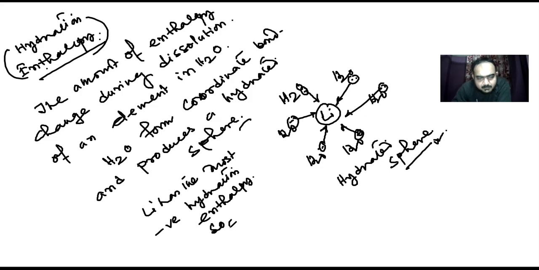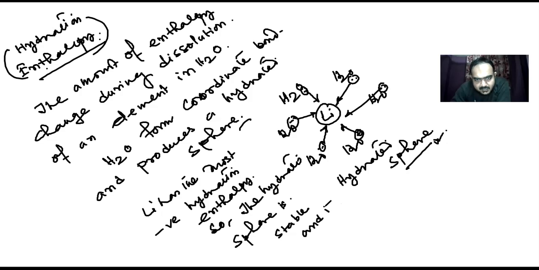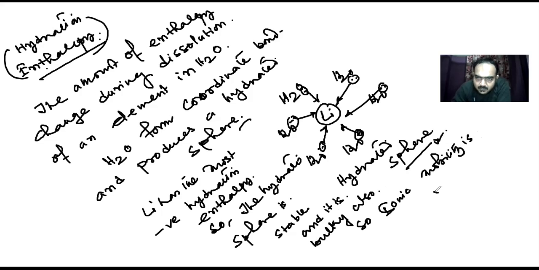As the hydration enthalpy is very negative, the hydrated sphere is stable, and it is bulky also. So ionic mobility is very low.